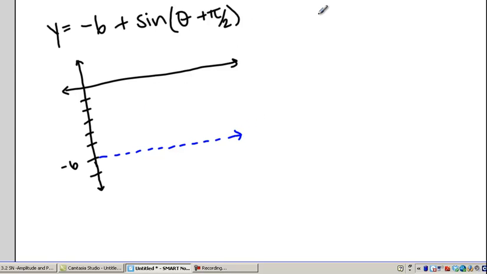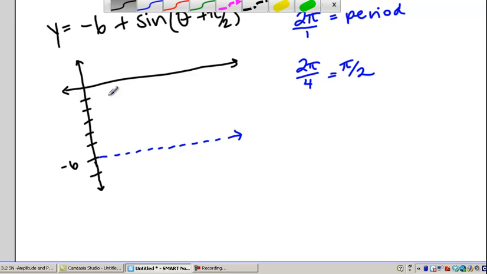Again, our period does not change, so our period length is 2 pi, because our b is 1, and you take 2 pi divided by 1. Then you take 2 pi divided by 4 to find your critical point's distance. So there's going to be a critical point every pi over 2. Now, we are actually shifting it to the left by pi over 2.